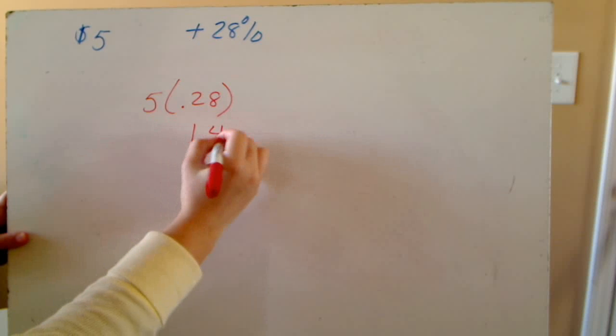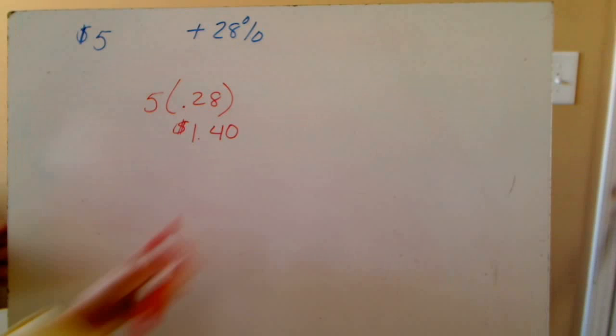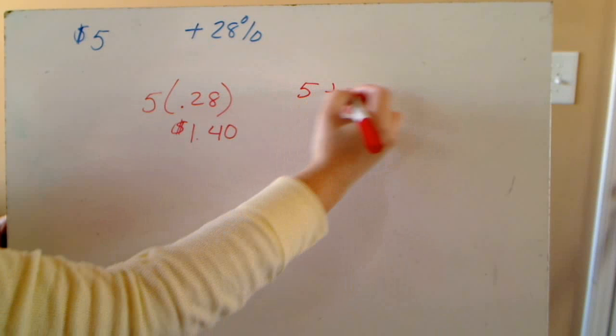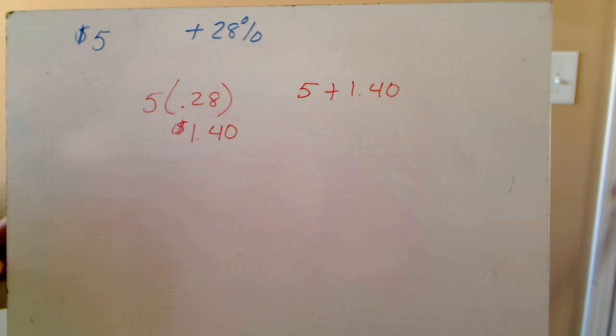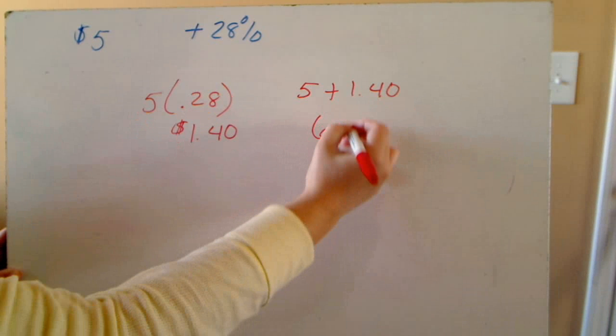So you get 5 times 0.28, which gives you 1.40. And that's a dollar amount. So because this is a percent of increase, then we're going to take the 1.40, we're going to add it back to the original price. And that should give us the amount of money that the store sold the book for, which was $6.40.